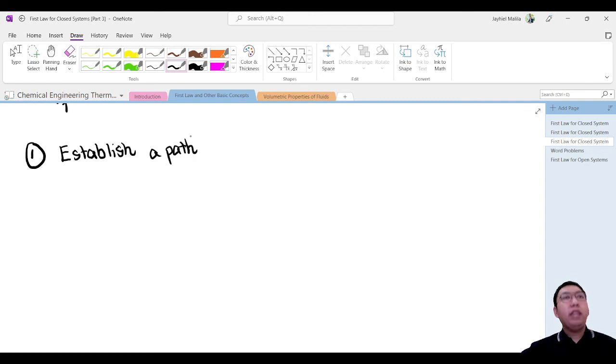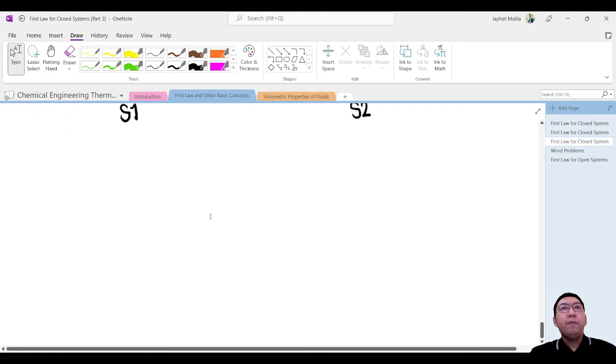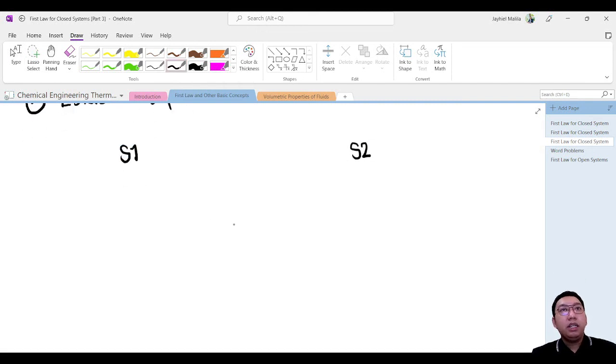So I will not write everything, but let's just write S1 for state 1, and then we have here state 2. Okay, but let's write here an intermediate path that will help us bridge state 1 and state 2.